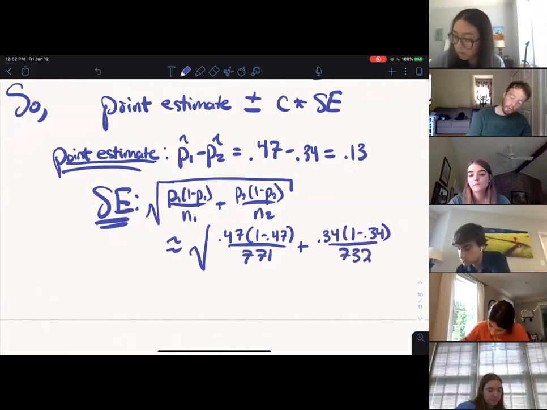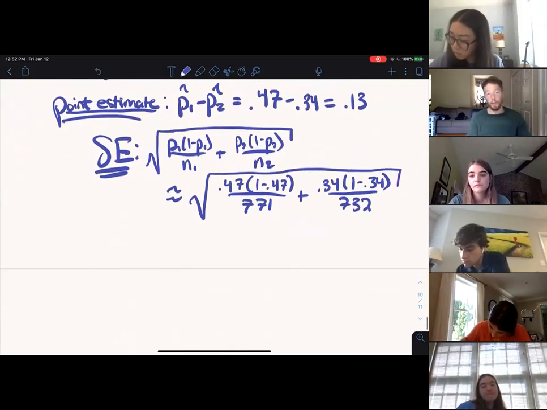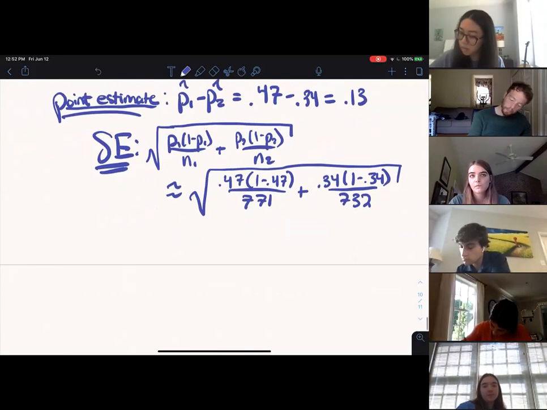So we don't know the true values P1 and P2, but we can certainly make an estimate of them. And this is going to come down to about 0.025.